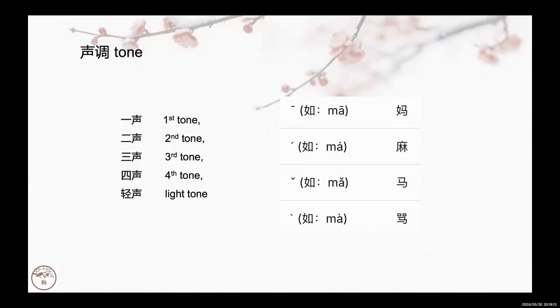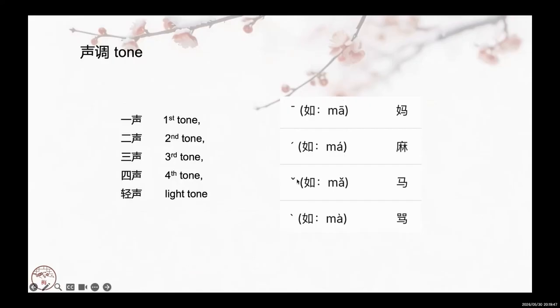Okay, the third component of a syllable is tone. We have four tones, 1, 2, 3, 4, and a fifth one, the light tone. What is the first tone? The first tone is a horizontal line. Second tone is a rising slanting line.